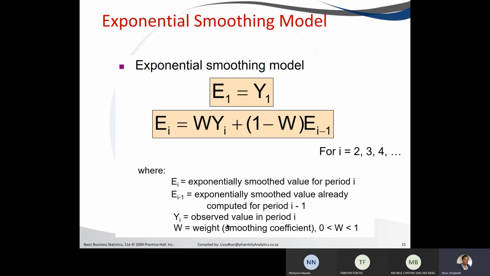So if I choose my weighting to be larger, let's say 80%, it means 80% of the data will come from my current value, and 20% of the data will be from the previous value. And that is why you will need to use the highest value when you do the forecasting, because then it means you are using the actual real current value for that month.